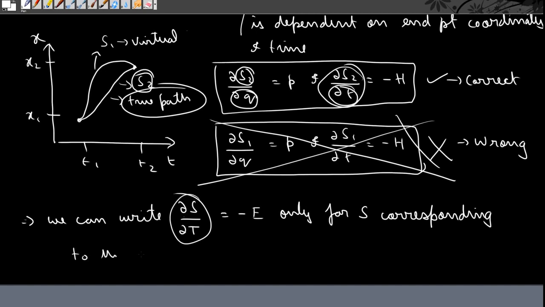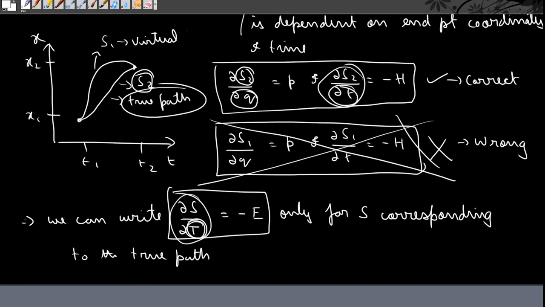to the true path. Now we do not know what the value of T is, but assuming that there is a particular T where the true path is given using the Maupertuis principle, then the action corresponding to that true path is going to depend on the time taken by this relation.